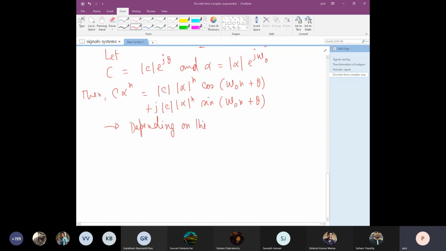Depending on the value of alpha, this will be either a damped sinusoid or an exponentially diverging sinusoid.